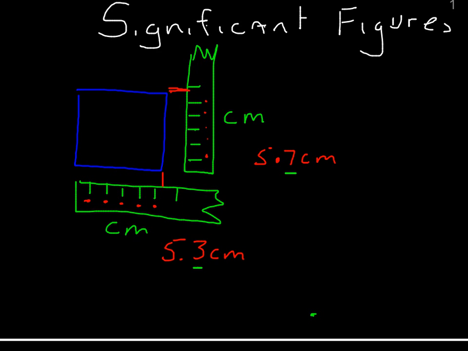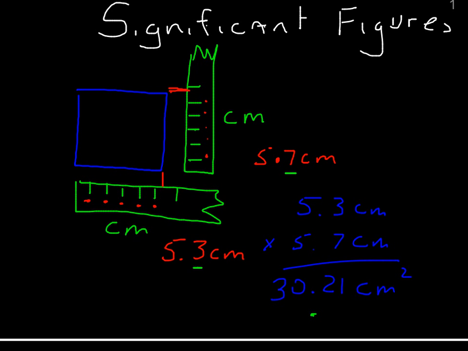Now I'm going to multiply these two numbers together to find the surface area. So I'm going to take 5.3 centimeters and multiply it by 5.7 centimeters. On the calculator, 5.3 times 5.7, I end up with 30.21 centimeters squared.